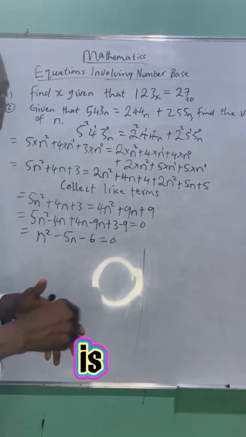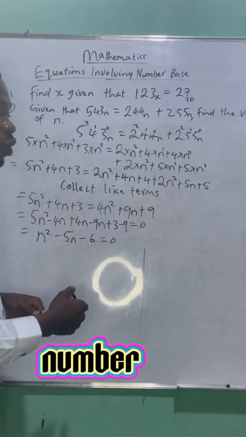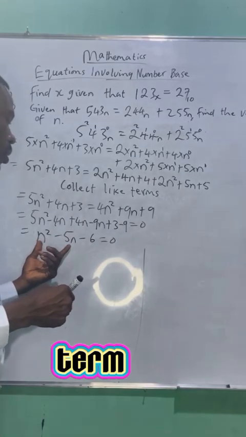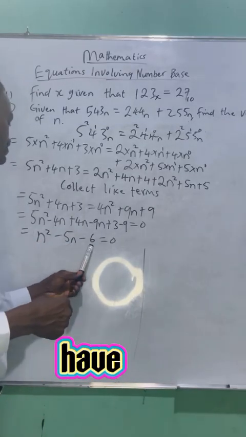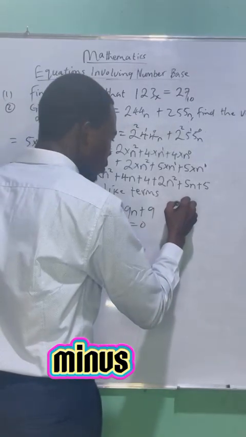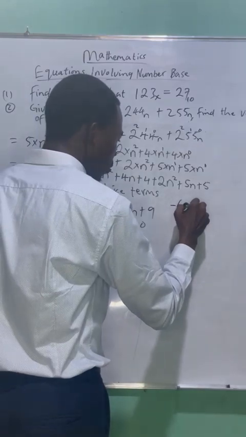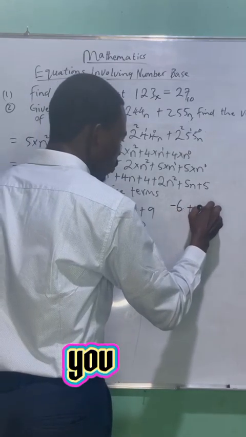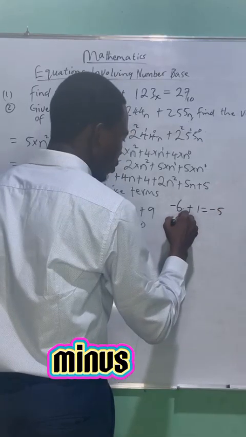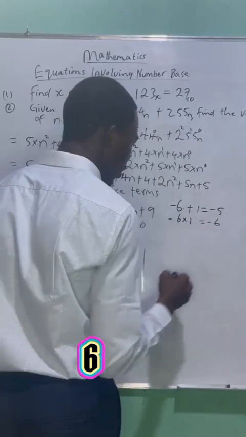Of course, this is in the form of an algebraic equation, so I'm going to factorize this. I'm going to look for two numbers that if I add together, I will have the middle term, and if I multiply together, I will have the last term. And those numbers are minus 6 plus 1 will give me minus 5, and minus 6 times 1 will give me minus 6.